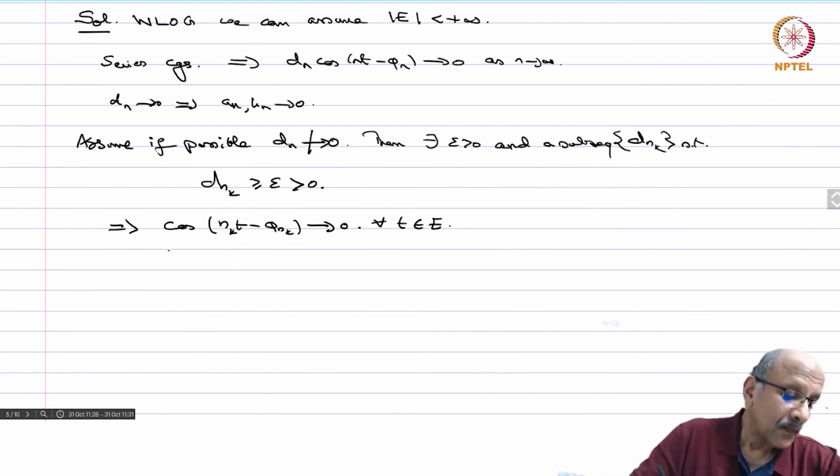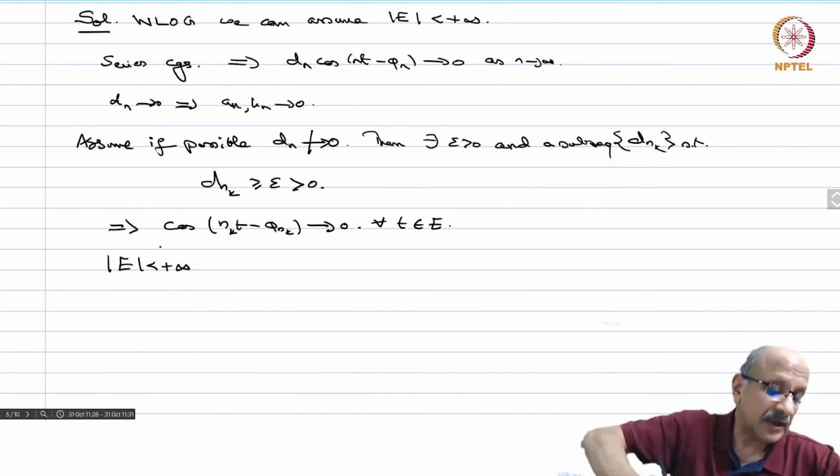Okay, so mod E is finite, so constant functions are integrable.